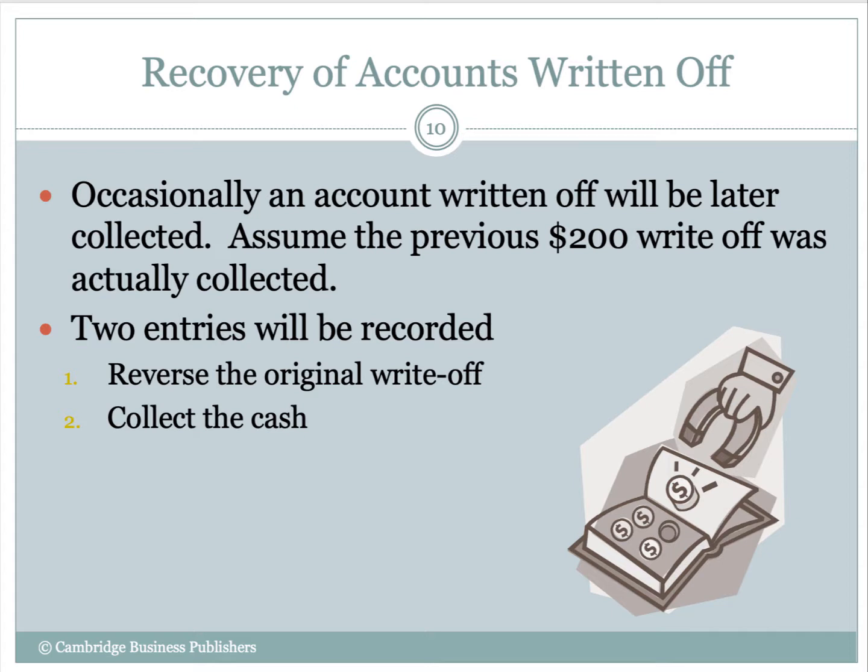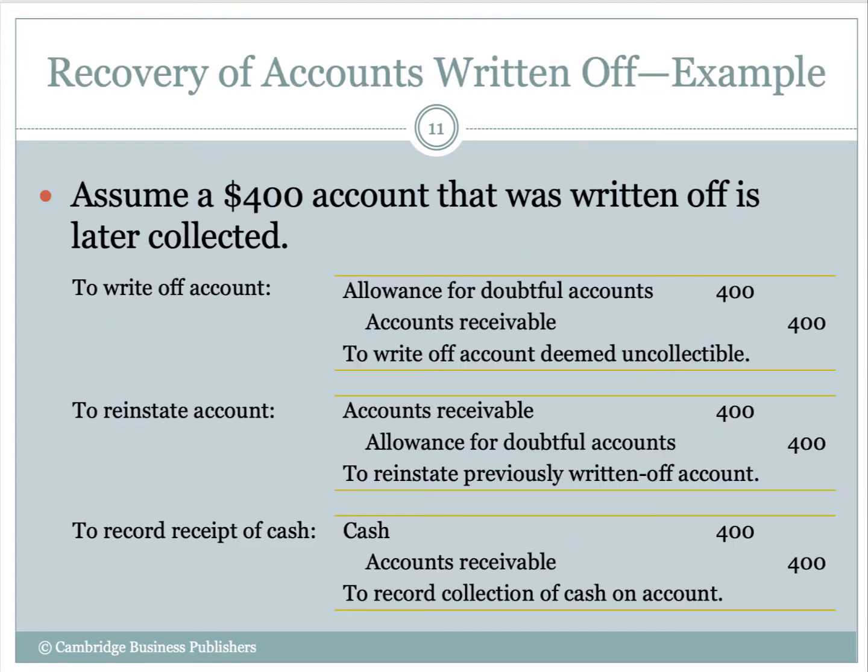Let's continue with the example of that $200 write-off. Let's say that it was actually collected. We wrote it off, and 3 months later they said, hey, here's your check. Wow, we already wrote you off. What do we do? Well, we don't send the check back to them, that's for sure. We do 2 journal entries. Very easy. First we undo what we did, meaning we reverse the original write-off, then we collect the cash.